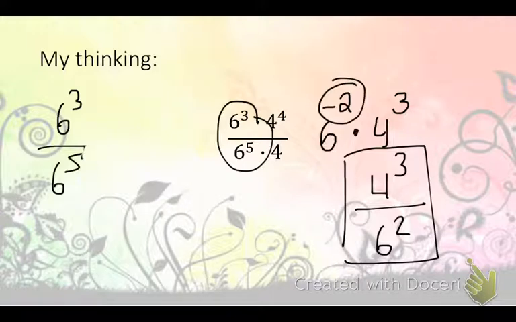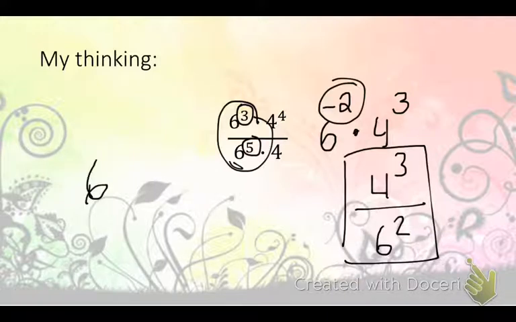If I think of it that way, I can take my biggest number minus my smaller number. So 5 minus 3 is 2. And my answer is going to end up on the bottom because the biggest exponent's on the bottom. So I actually get 6 squared on the bottom of my fraction and 4 cubed still on the top because my biggest exponent is on the top.